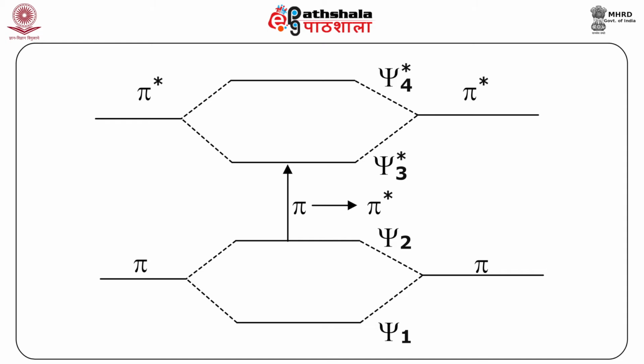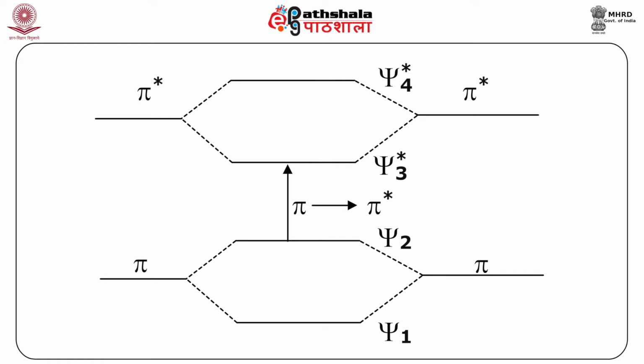But in the case of conjugated dienes, the pi molecular orbitals of the two separate C double bond C groups combine to form two new bonding molecular orbitals, designated as psi1 and psi2, and two new anti-bonding molecular orbitals designated as psi3 star and psi4 star, as can be depicted in the figure clearly.